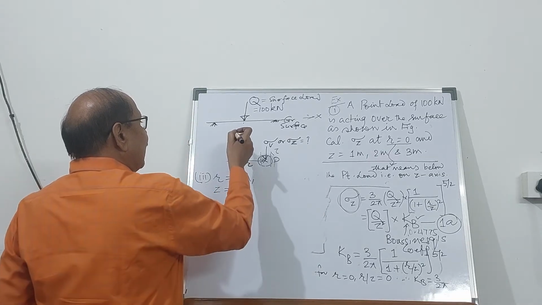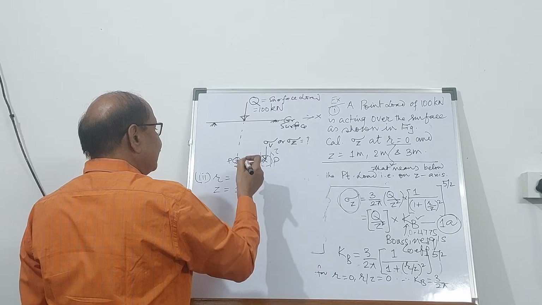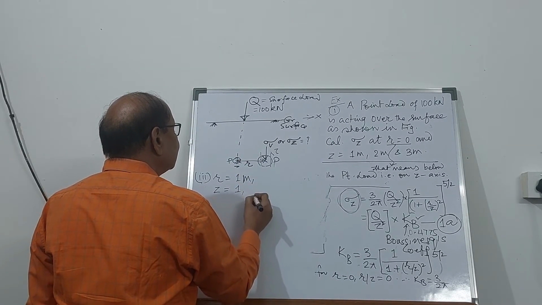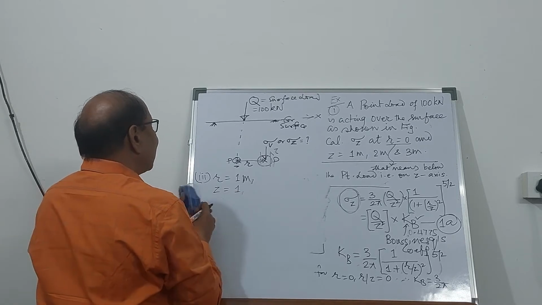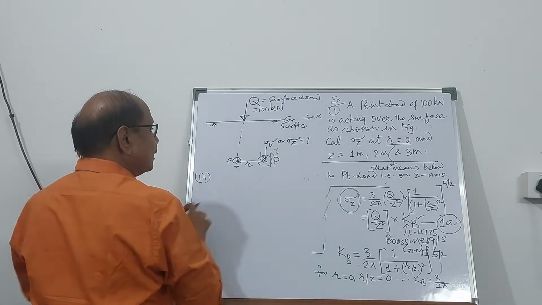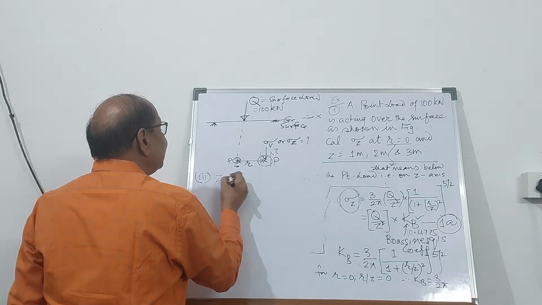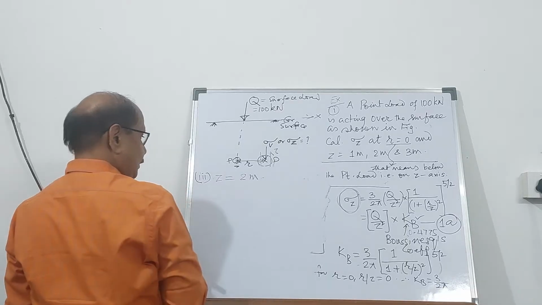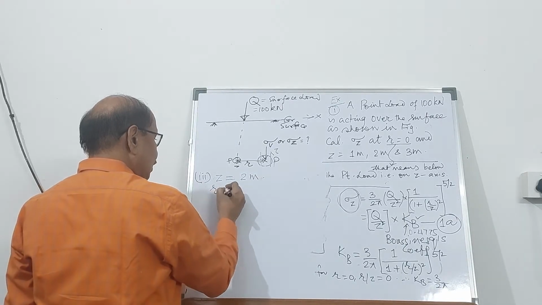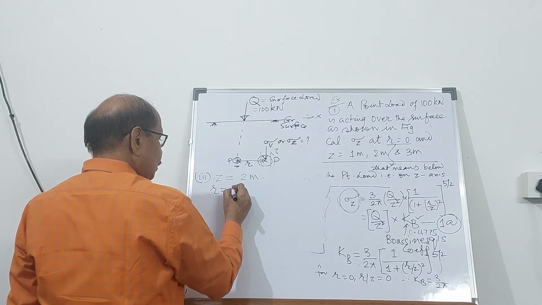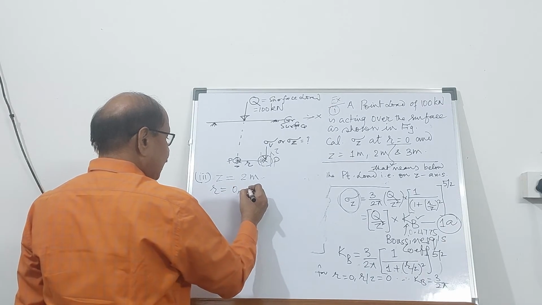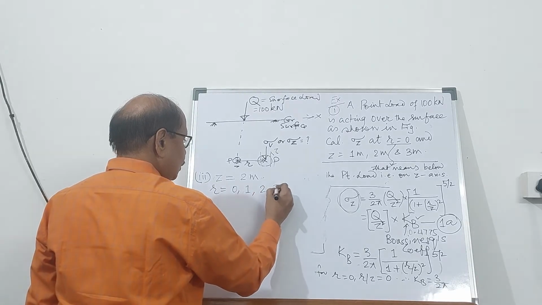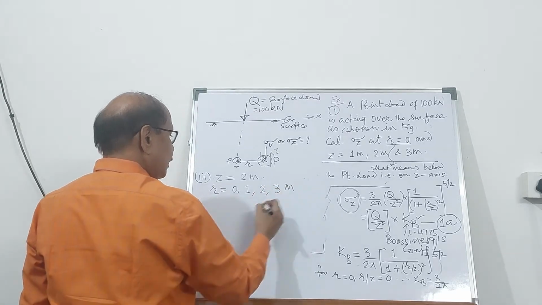So at r equal to 1 meter and z equal to 1 meter, or I will make this problem like this. Third part will be at z equal to say 2 meter and r equal to 0, then r equal to 1, 2, 3 meter.